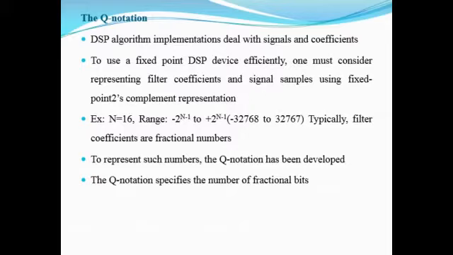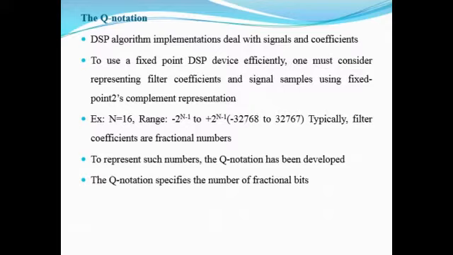If I substitute 16, that is minus 2 power 16 minus 1 to plus 2 power 16 minus 1, giving the range minus 32,768 to 32,767. And these filter coefficients are normally fractional numbers or values which are very small. So these are the coefficients which have a certain range.